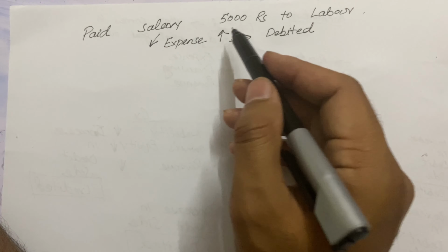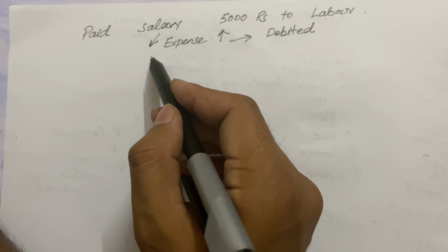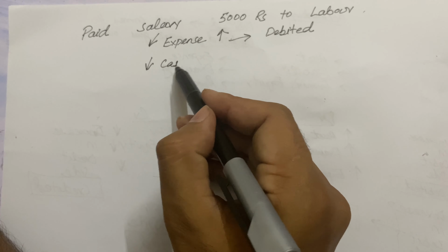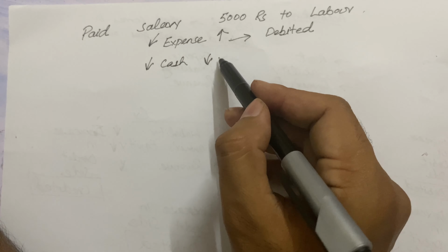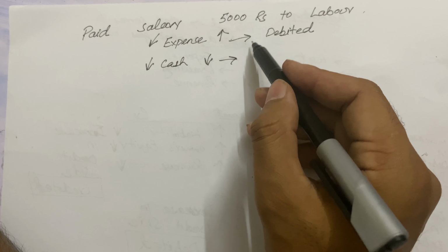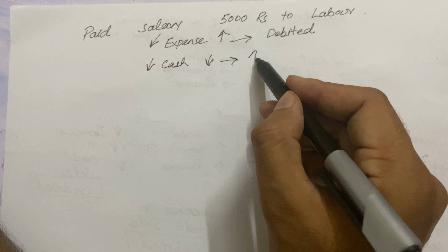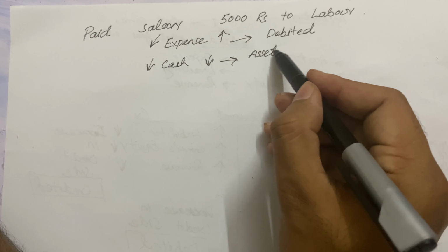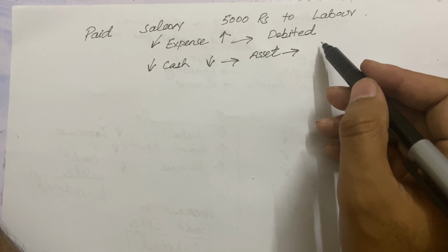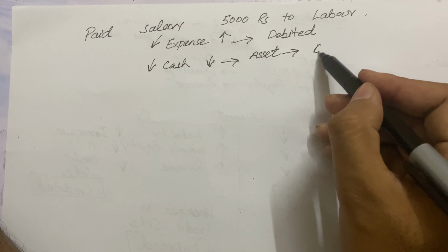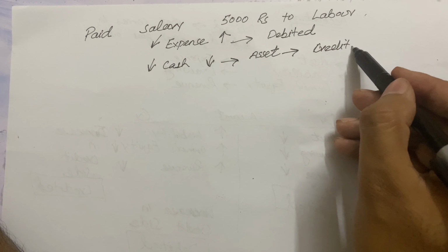On the other hand, there is cash involved. Cash is decreasing because obviously we are paying cash, and whenever there is a decrease in an asset, because cash is an asset, it will always be credited.